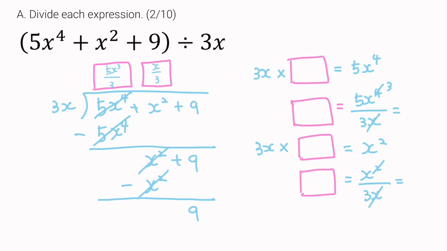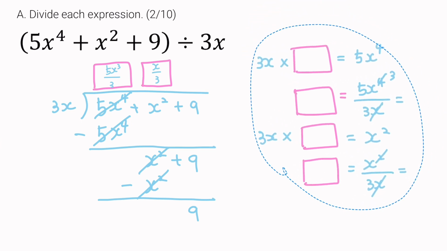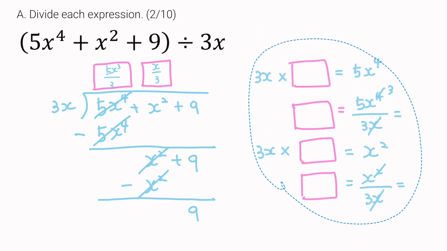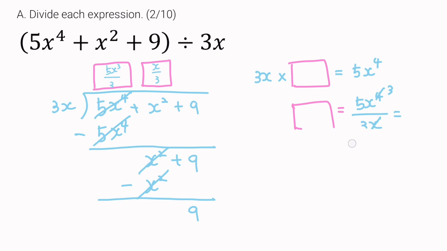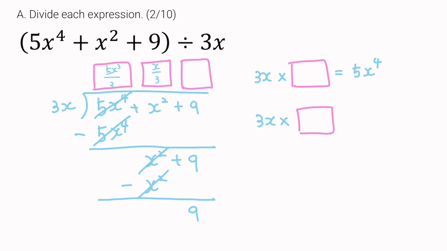Now the remainder is 9. So what you can do with the remainder is the same thing really. What do you have to multiply to 3x in order to get a number 9?